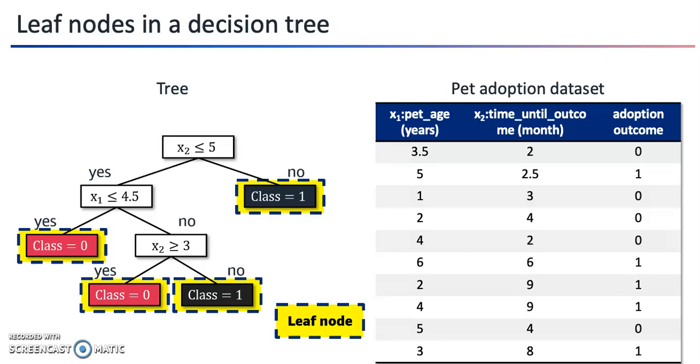Each leaf node would have a dedicated value to return. For example, in what we see illustrated here, the leaf nodes have been coded with the possible values according to the categorical statistical variable. In this scenario, it's a classification, but a binary situation of having only two values, 0 for no adoption and 1 for successful adoption of a pet.